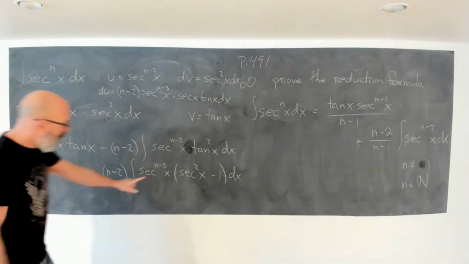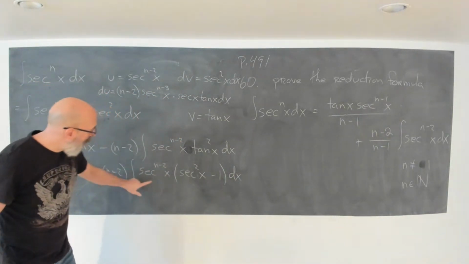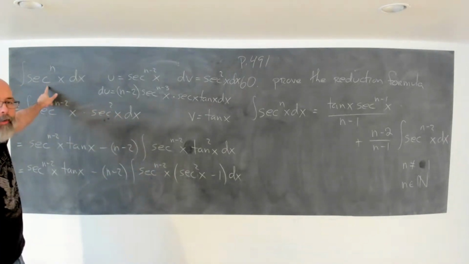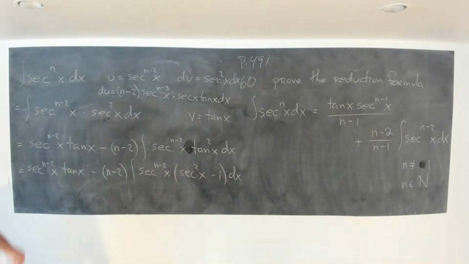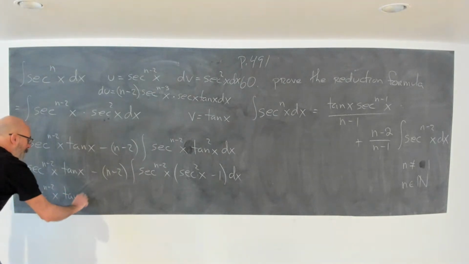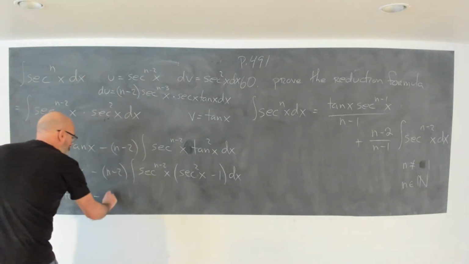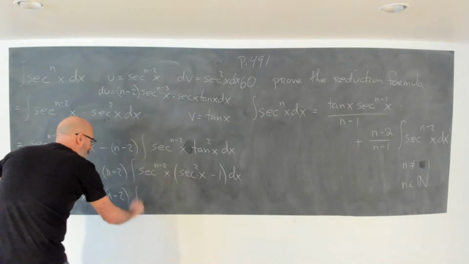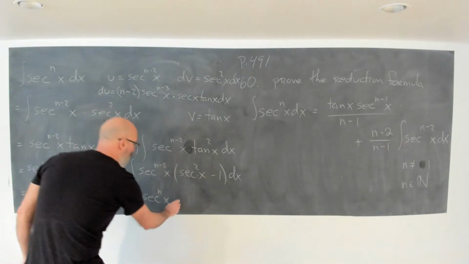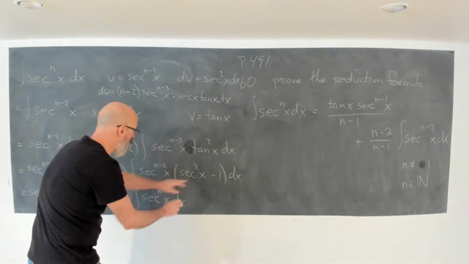So if you multiply this again, you recognize that you'll have a secant to the n. Exactly what you started out with. You know where this is going. Let me split it up into two pieces.